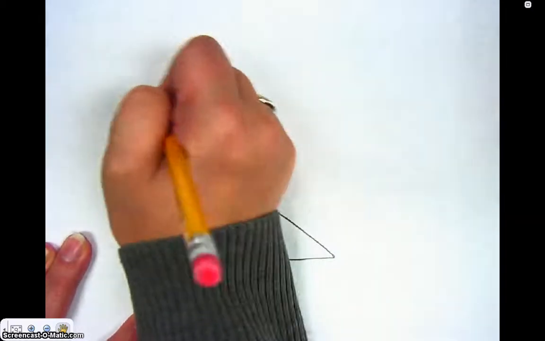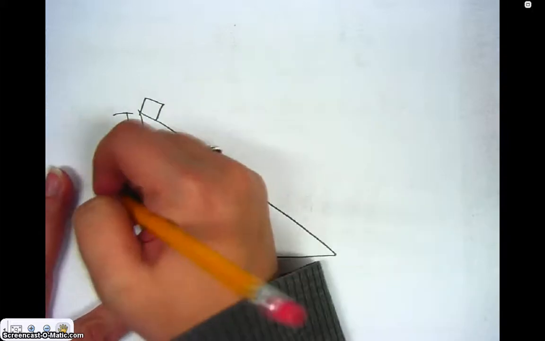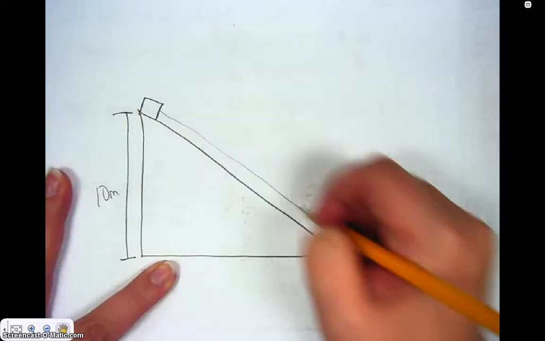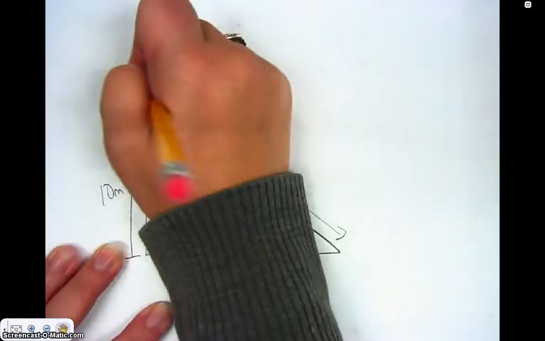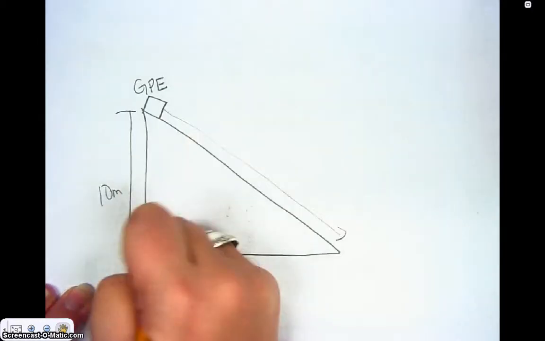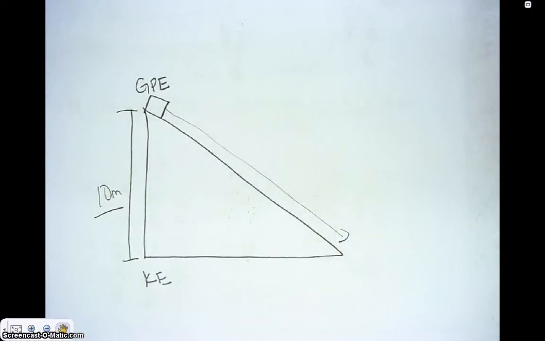And if I were to allow a box to slide all the way down, let's say this is 10 meters, I could find the velocity at the bottom of the incline by just setting the gravitational potential energy at the top equivalent to the kinetic energy at the bottom and use the y component of the height.